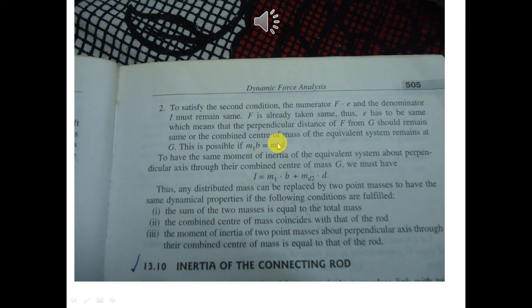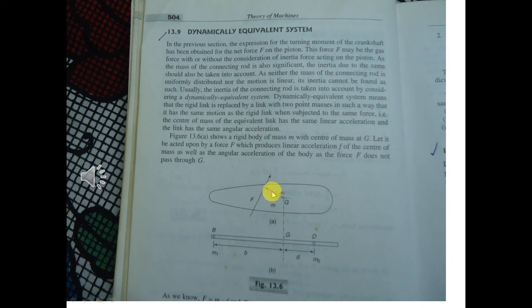In the second condition, the ratio of the numerator F dot e and the denominator I should not vary, and F is already taken the same. Thus, e has to be the same. This e is the perpendicular distance of the line of action of force F from the center of mass at G. Not only must the product F dot e be the same, the moment of inertia I should be the same as well, in order to have a common angular acceleration.